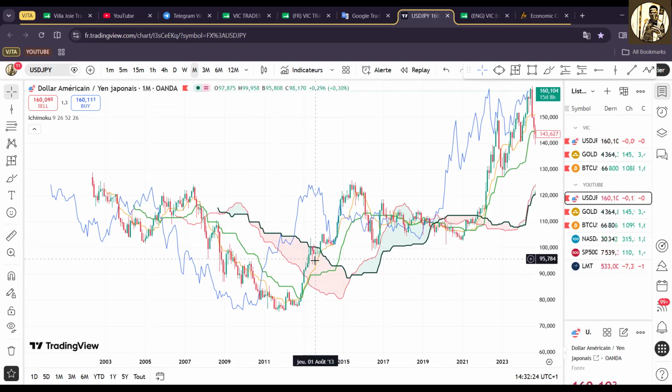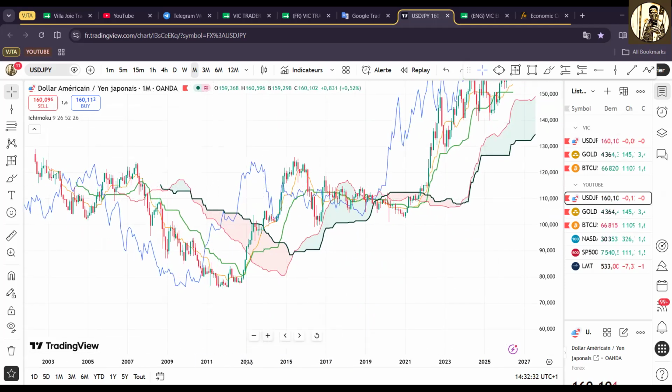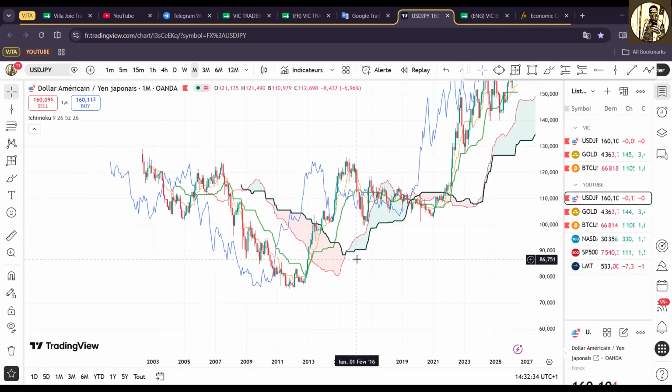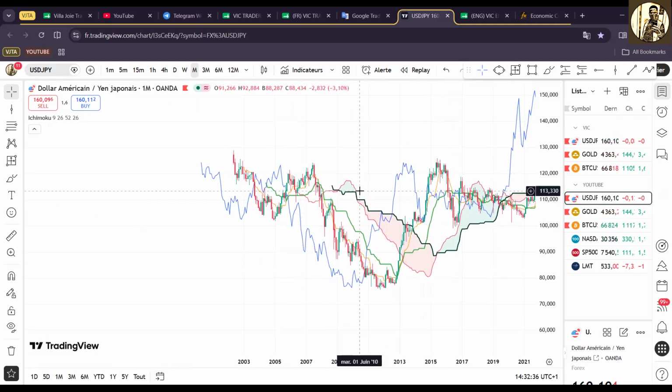You just take the last touch and take the width, the number of pips that the price has made from the last touch of SSA and SSB.